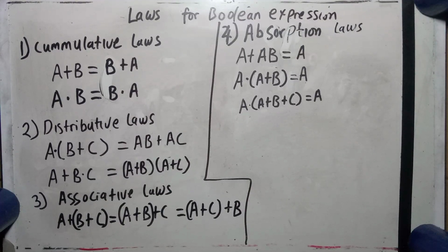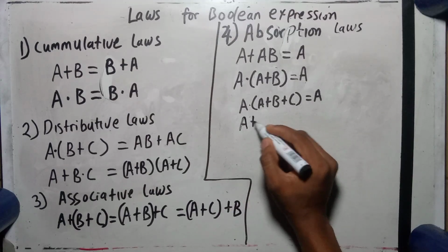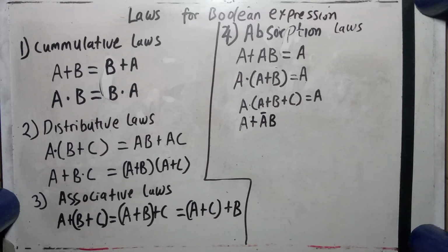Now, another law that we are going to be looking at, okay, before we get to that, is the main boss, but we're coming to him. Another one we're going to be looking at is this: A plus A bar B. Now this one has a bar. That's just the difference between this and this one.